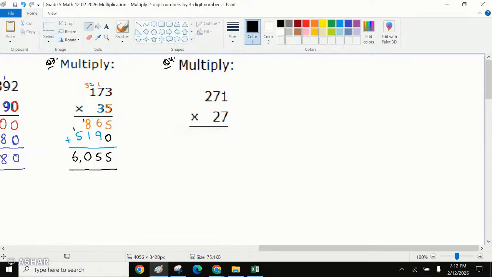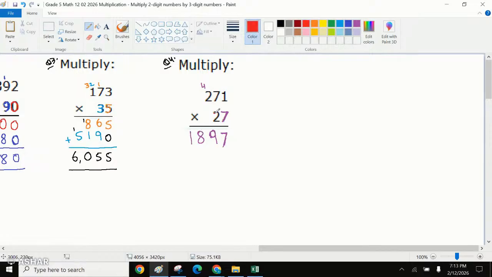We have 271, so the units place is 7. 7 multiplied by 1 is 7. 7 multiplied by 7 is 49. 7 multiplied by 2 was 14. 14 plus 4 is 18.